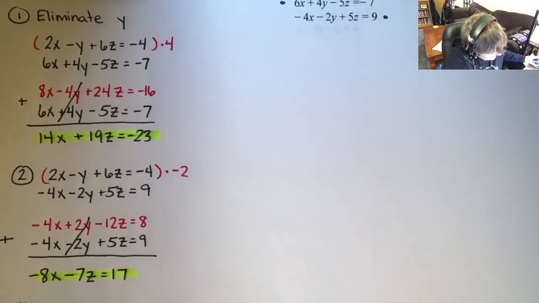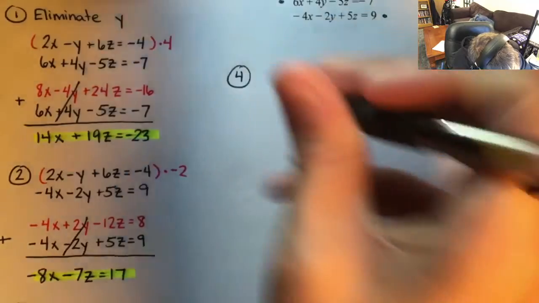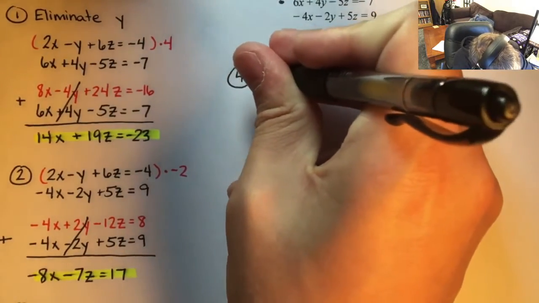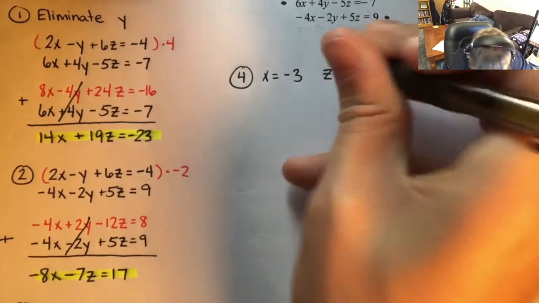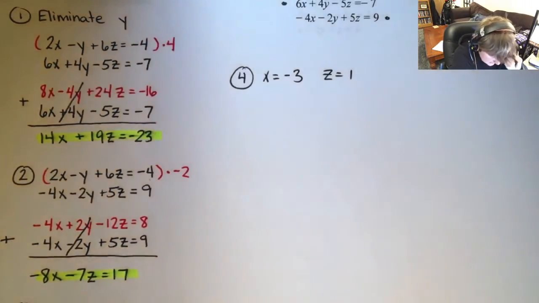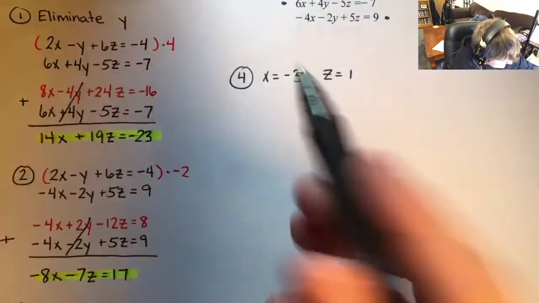Fourth step is just actually solving for the last variable, which for us is going to be y. So I already know that x is equal to negative 3 and z is equal to 1. Kind of looking over them, I'm thinking really they're all kind of the same. That doesn't matter. Let's just pick the middle one.